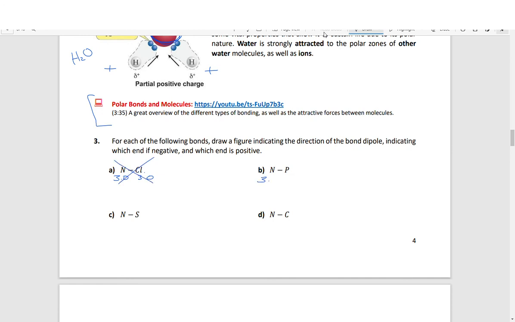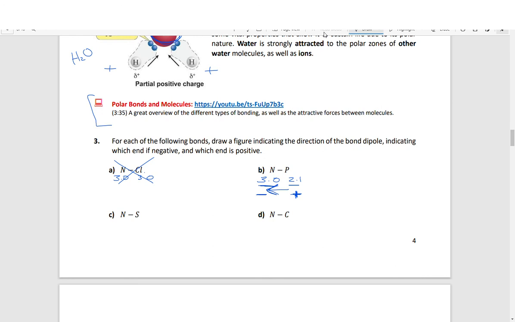Nitrogen and phosphorus would give me this one that really wants to give, and this one really wants to get. So that would be a negative and a positive region, with the electron going that way in this sharing.